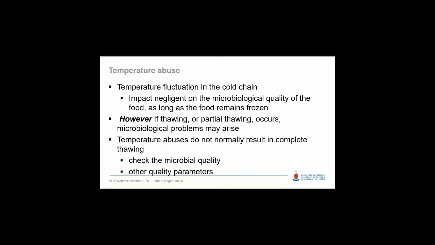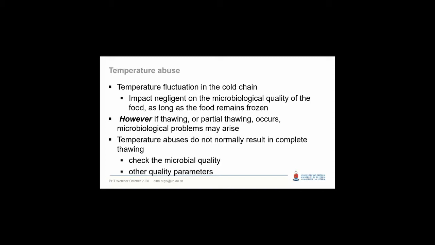Now, as mentioned in the introduction, there could be temperature abuse during the thawing period. In practice, temperature abuses in the cold chain could have a negligible impact on the microbial quality of the food as long as the food remains frozen.